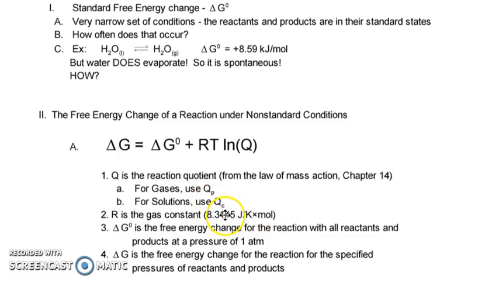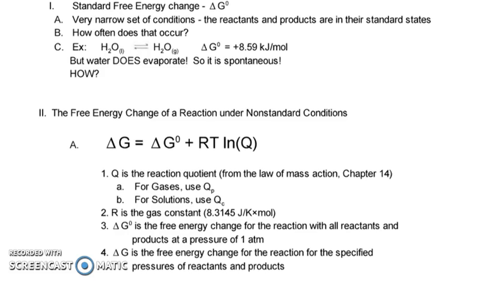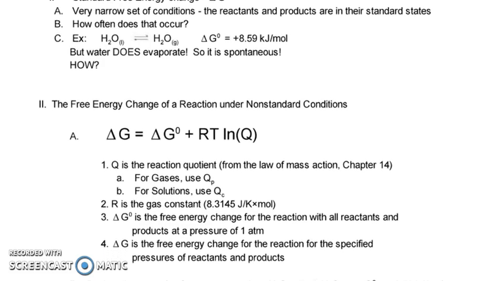For solutions, we want to use concentration. R is the gas law constant, 8.314. Don't use the 0.0821. Delta G naught is the free energy where the pressure is at 1 atm, and delta G without the naught is when it is at a different pressure for gases in this case.